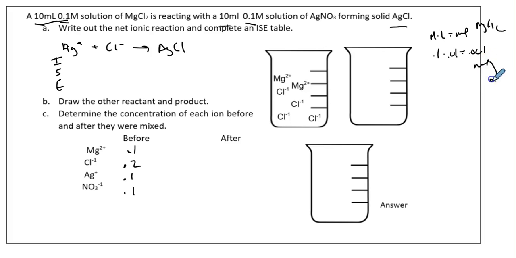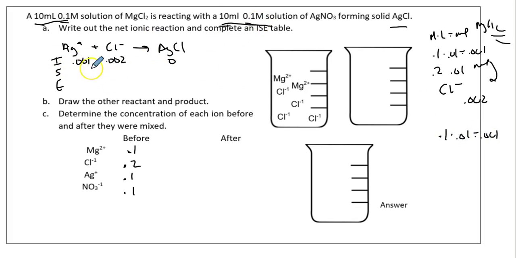It doubles for the chloride. So the chloride is 2 times that. So that'd be 0.2, and that would be times 0.01 is 0.002. This guy's 0.002. This one, here we go, is the same thing, 0.1 times 0.01 equals 0.001. And these are my original moles of these guys, using the molarity formula.